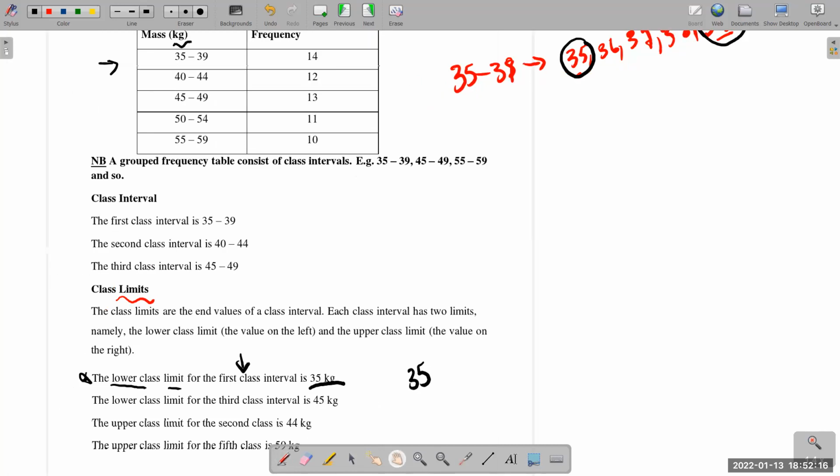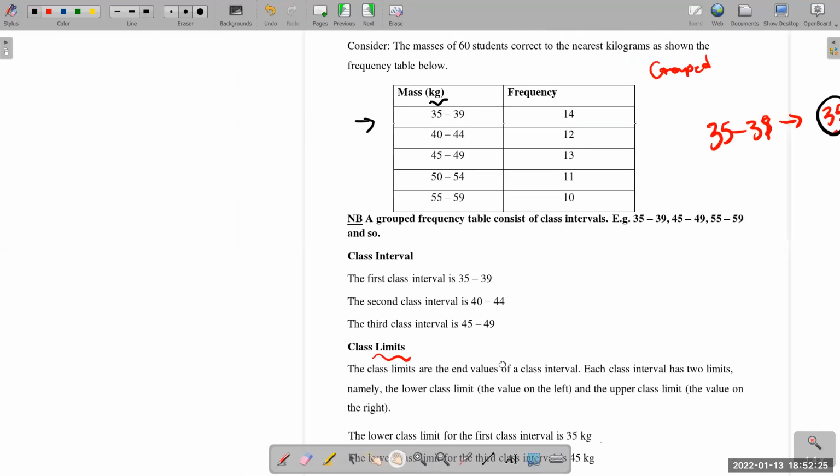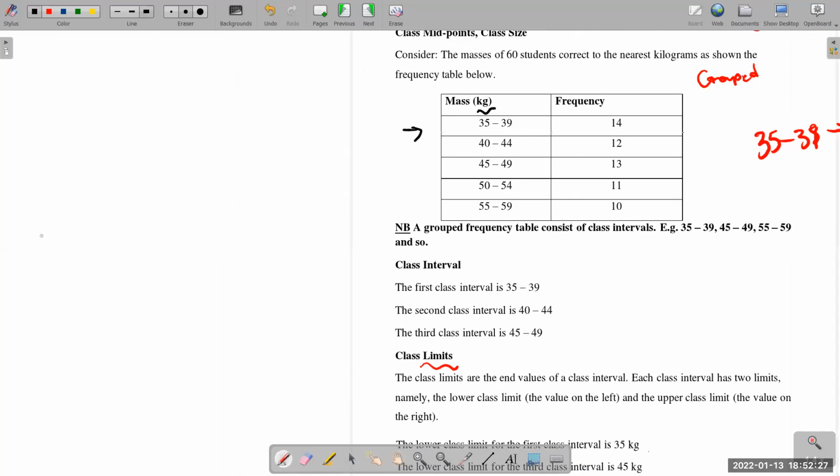And just as we have the lower limit, we have the upper limit. Let me just go over on the side and do my own thing. If I look at the third class interval, what range is that? That's the first question for everybody. I want to focus on the third class interval.